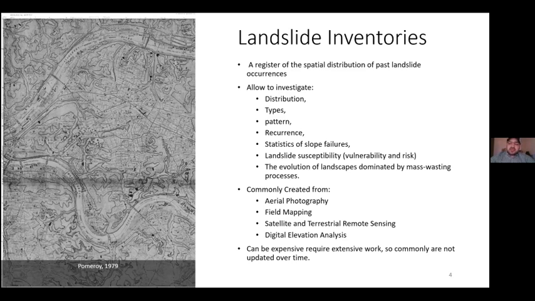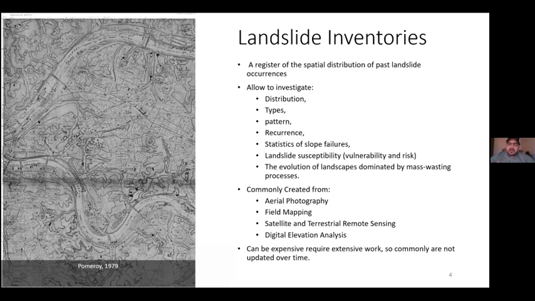They can teach us about the evolution of landscapes that are dominated by these mass wasting processes. There's many different ways in which they can be created. Aerial photography and mapping, or a combination of the two, has been important in the past and is where we see the majority of these come from. However, recently there's been a push towards more satellite and terrestrial remote sensing, as well as digital elevation analysis.